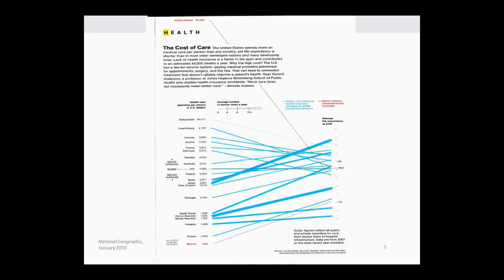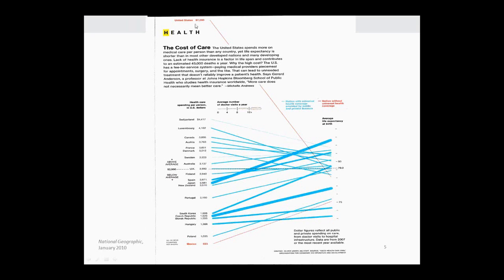I got this from National Geographic in January 2010. On the right-hand side, this is what the countries spend per person, and the other axis is the average number of years that people live in those countries. You can see many of the European countries, including New Zealand, Japan, Spain, Finland, and Australia, all have pretty low cost per patient and fairly extensive age before which patients pass on.